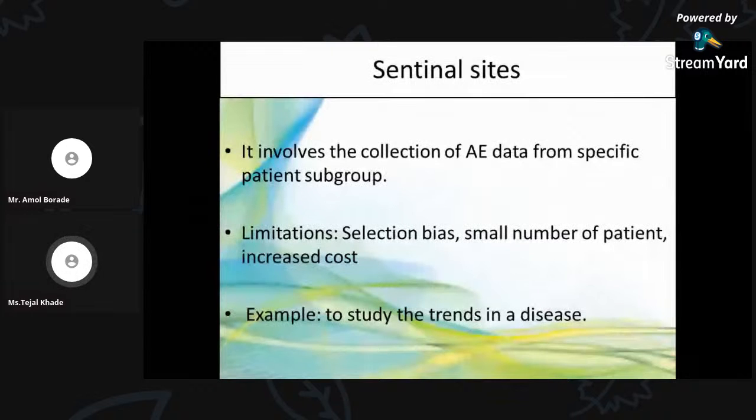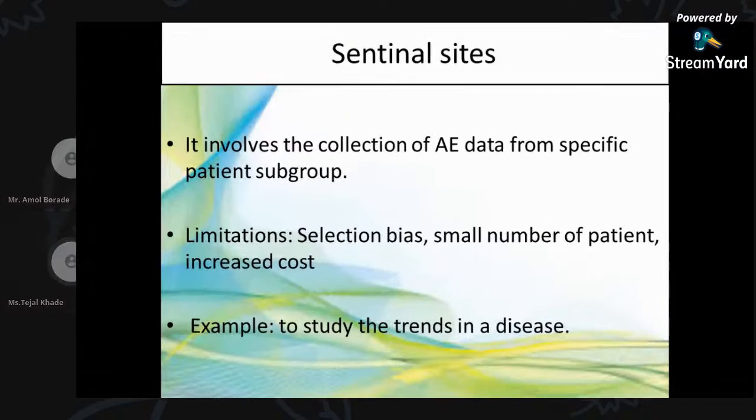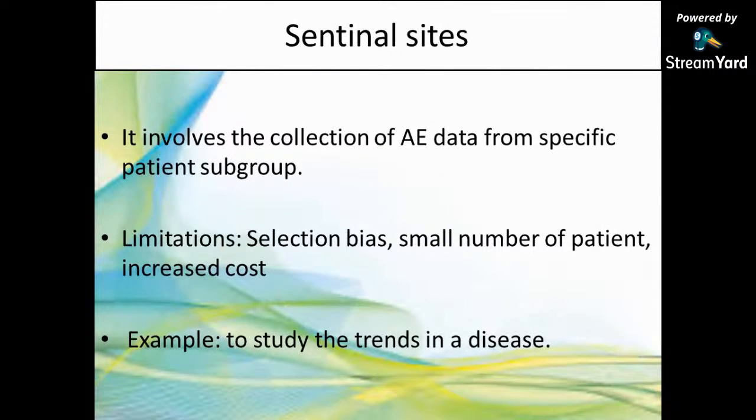And it will increase the cost because you are not studying the whole population, you are studying a certain subgroup. So it's increased cost, bias, and lack of number of patients. It is a limitation for the sentinel sites.